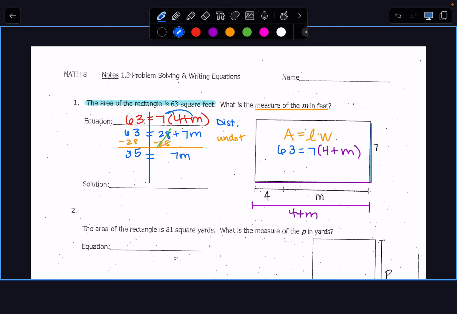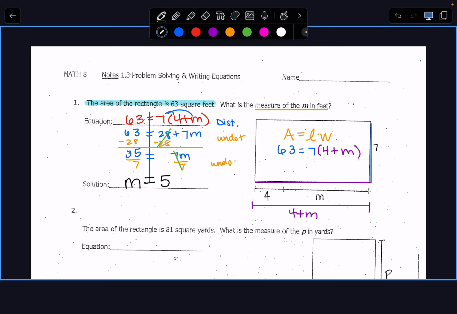What's our last step? How do we get m by itself? Good, we need to undo our multiplication by dividing by 7. So we get m equals 5. But that is not all I want. Because what does m represent? Measurement, go back and read it.